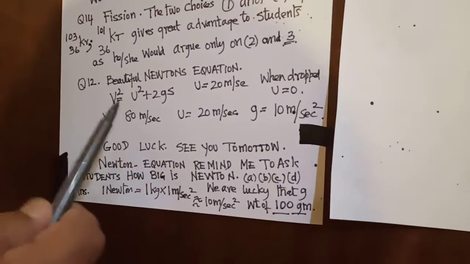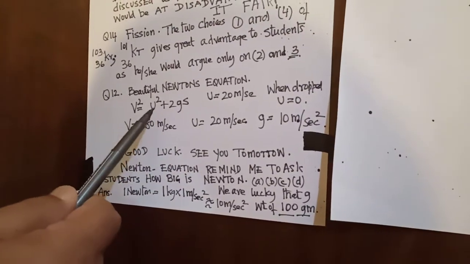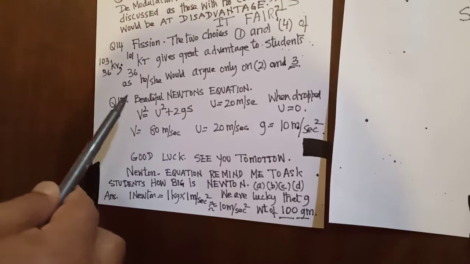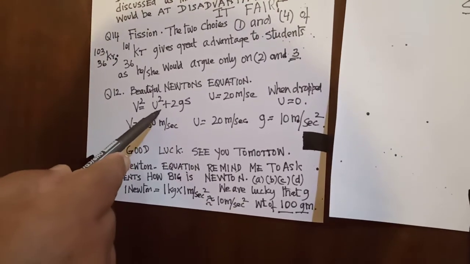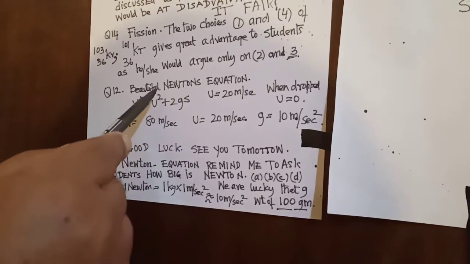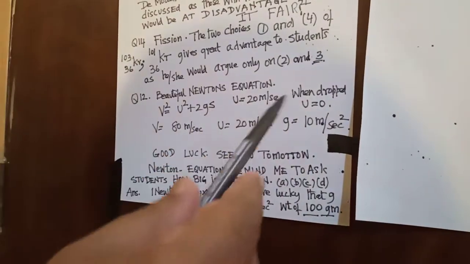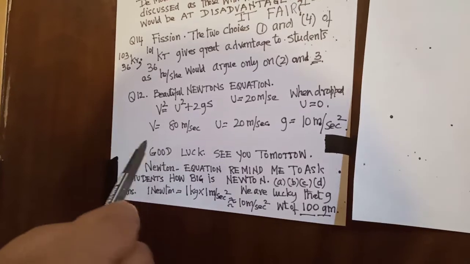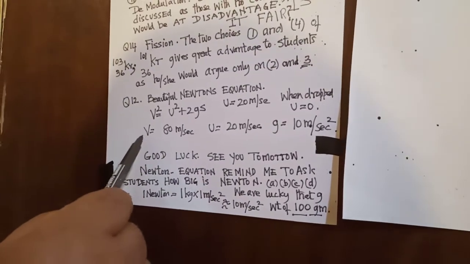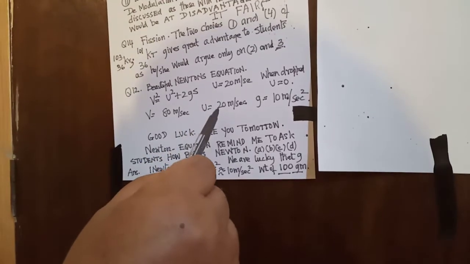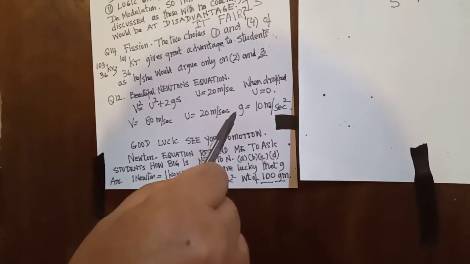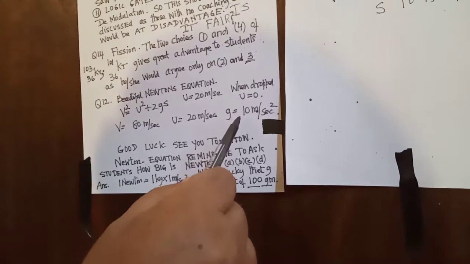This plus here means the ball is thrown in favor of gravity. If it is thrown upward, this will be minus. So remember, plus. You can get the answer easily by solving, with v equal to 80 meter per second, u equal to 20 meter per second, and g equal to 10 meter per second squared.